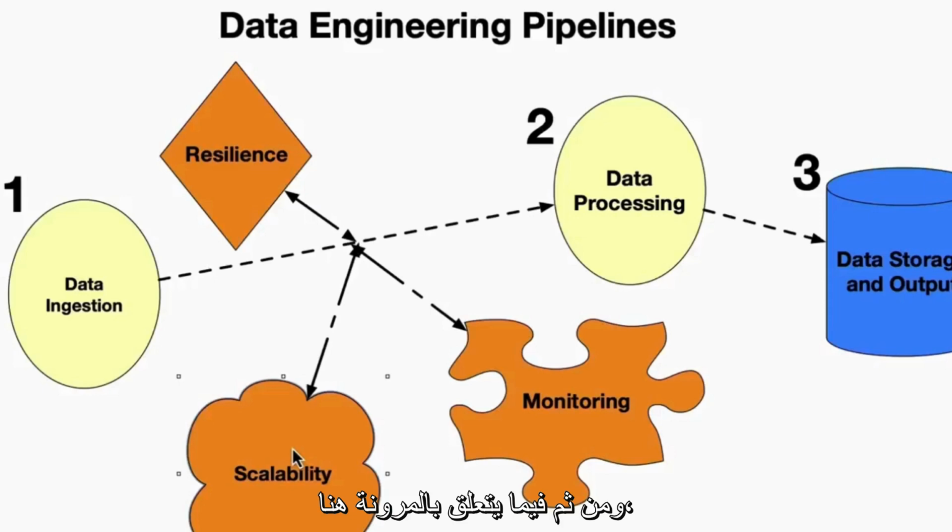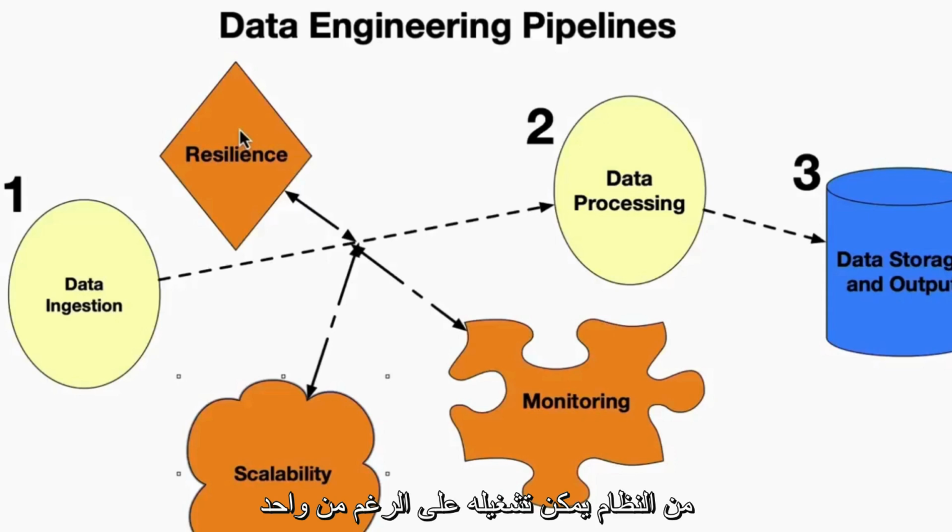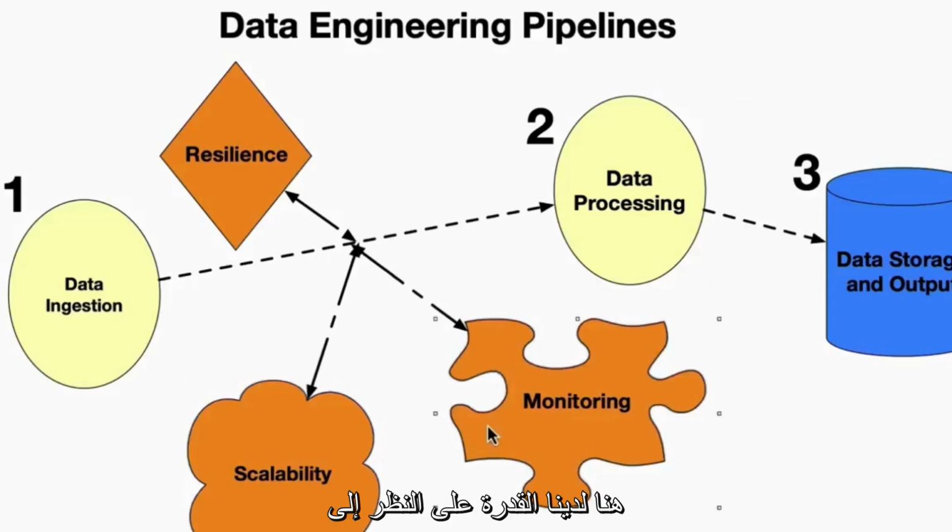And then in terms of the resilience here, this means that they're able to run even if there's an error. So, for example, if it's an event that triggers it and there's some problem with the event, it could still alert you and tell you what the issue is, or it could maybe have different nodes that are running, and some of the system can run even though one of the nodes has actually failed. Also, in terms of monitoring and maintenance here, we have the ability to look at the data flow, look at the system performance, maybe send out an alert when there's some kind of an issue with the pipeline.